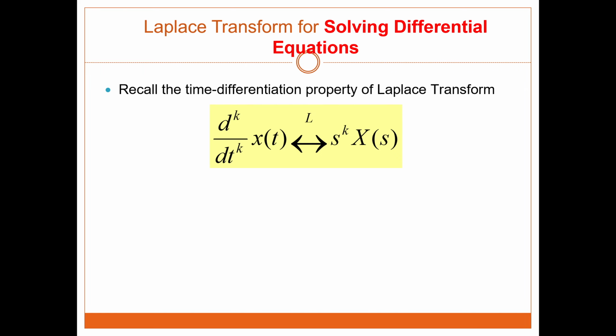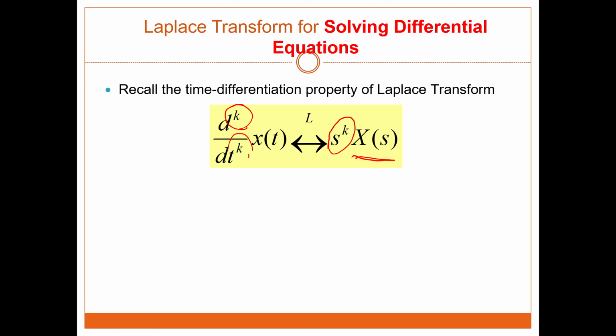All right. So the next property is the time differentiation property. If we have the time differentiation property, that means we want to differentiate a function x(t). What we have to do is identify the order, how many derivatives. So the power of s will follow the derivative level, times X(s), the function's Laplace.